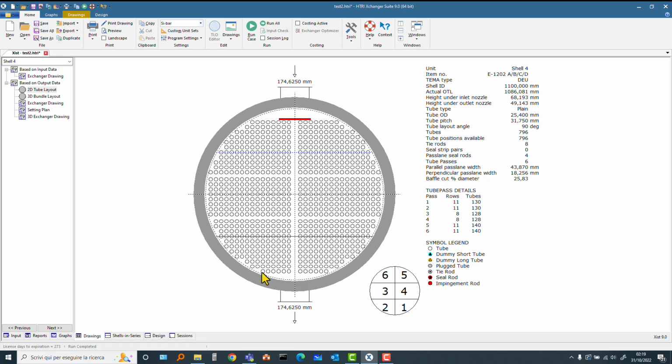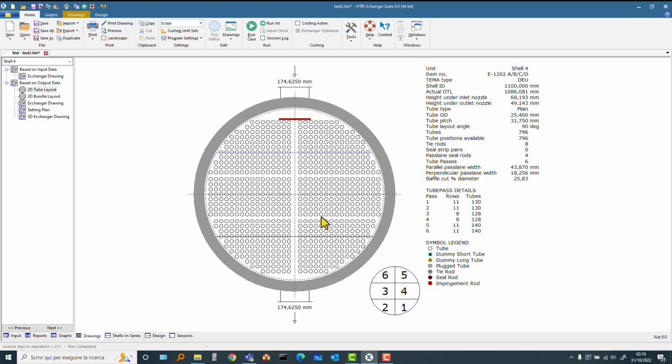Of course, if the fluid is mixed, so droplets of liquid in the vapor, as it probably is in this case, no problem.